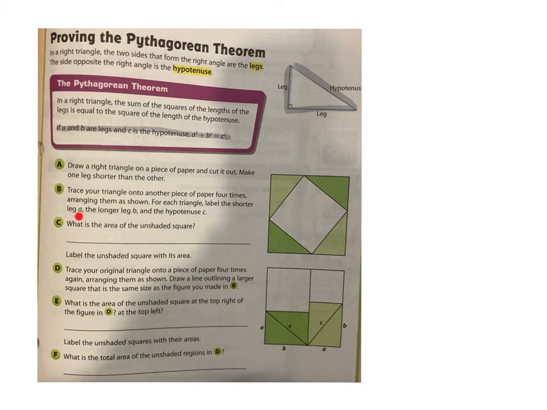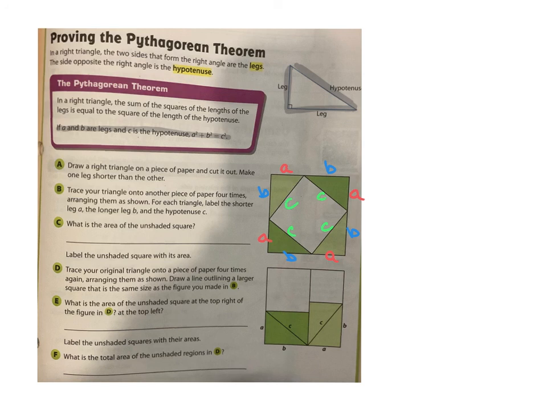And label the shorter leg A, on each of these. And the longer leg B. And the hypotenuse C.